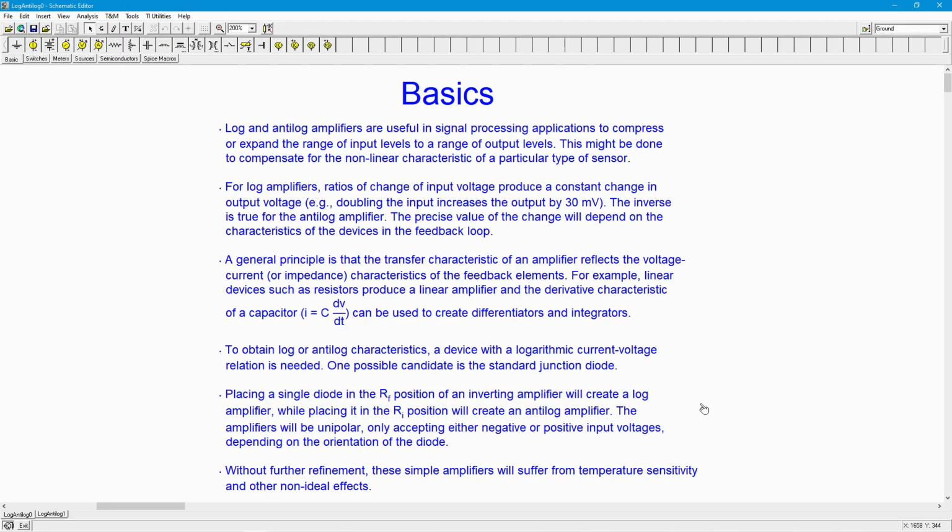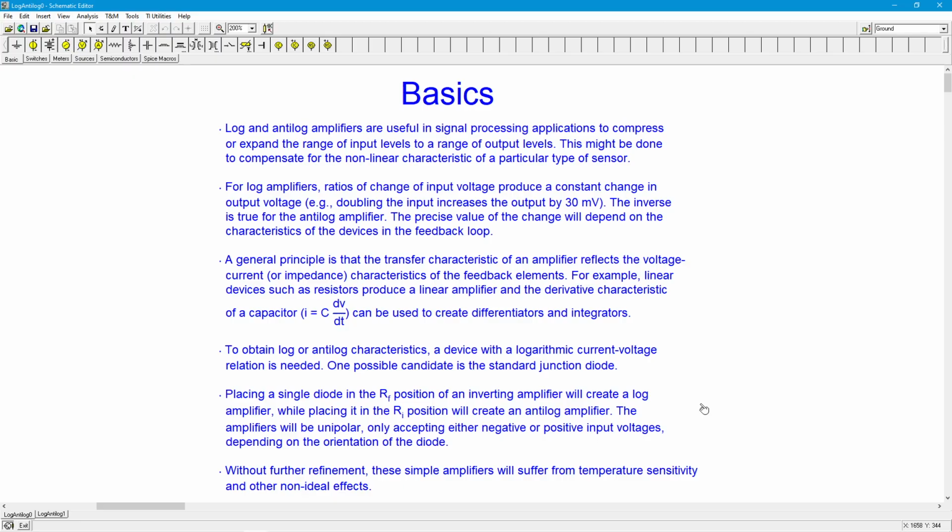Now, a way to remember this is to just consider this whole log-anti-log function in terms of, let's say, doubling or increasing by a decade. Factors of 2, factors of 10, something like that.